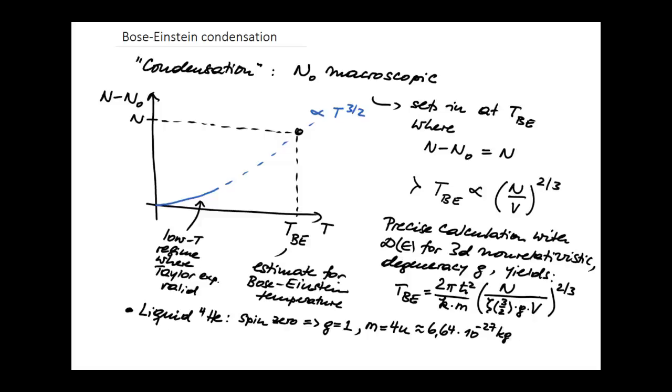And finally, a typical particle density of liquid helium-4, you can relate that to the mass density, so you can write that as 1 over the mass of a helium-4 atom times the mass density. Now the mass density, a typical value would be 0.14 grams per cubic centimeter.